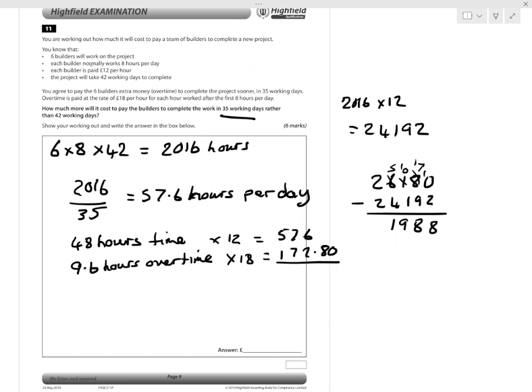And we need to add that up for the daily cost, which is 748.80. And we've got 35 days times 748.80. I don't know, I'm doing the same thing twice, aren't I? Times 35. 26,208 this time.